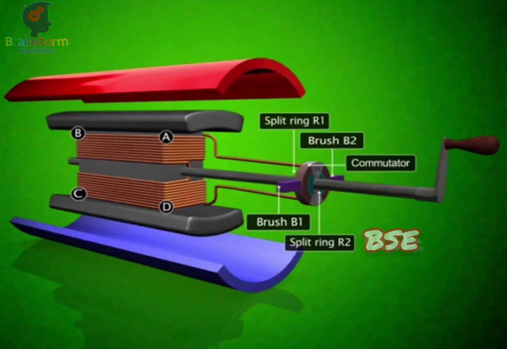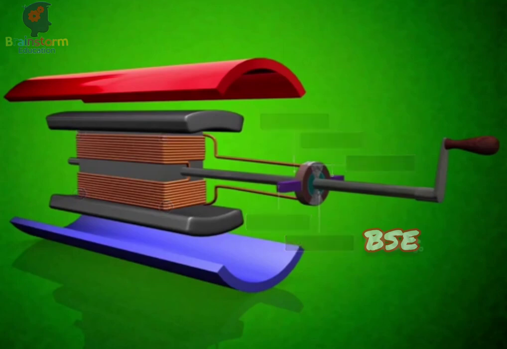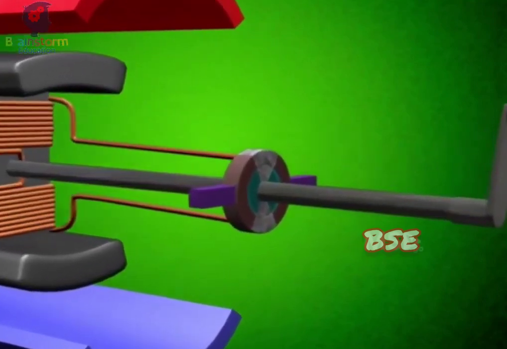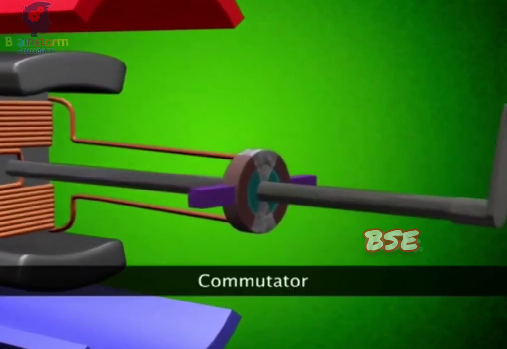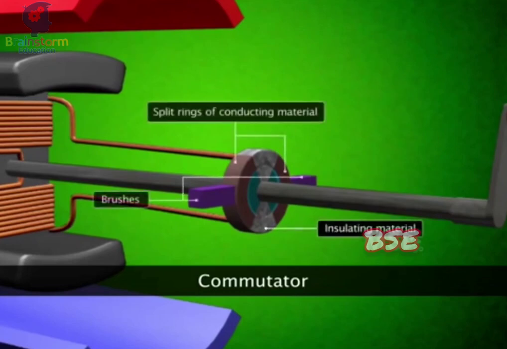R1 and R2 are connected to the arms CD and BA. The commutator is a slip ring that can be slipped on the axle of the generator. The slip ring is formed of two split rings of conducting material separated by insulating material.